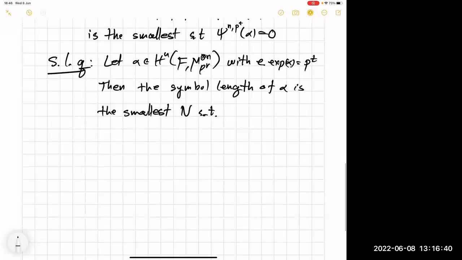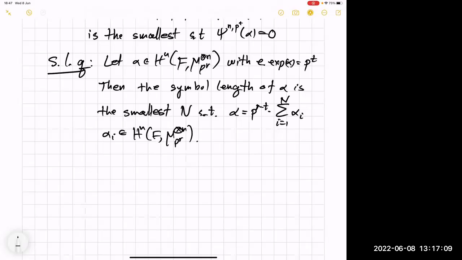we can write alpha as a sum. So in our case, it will be p^(r-t) times the sum of symbols alpha_i, where the alpha_i's are in H^n(F, μ_{p^r}^{⊗n}).